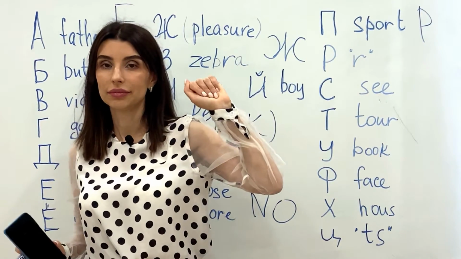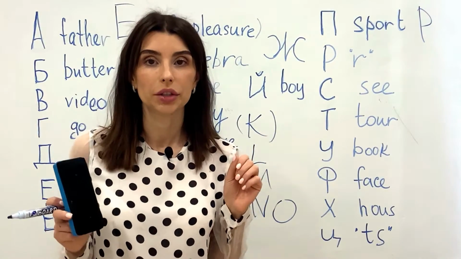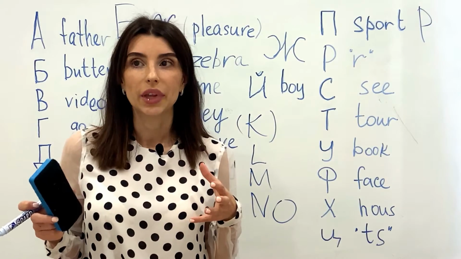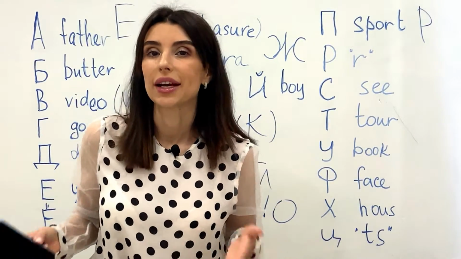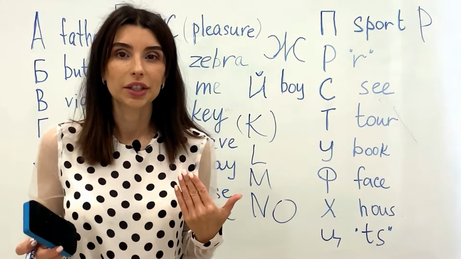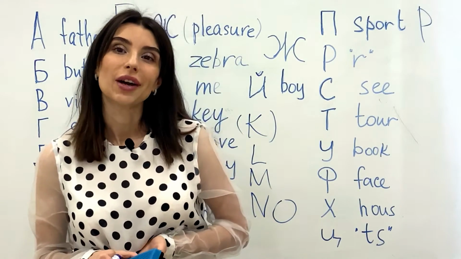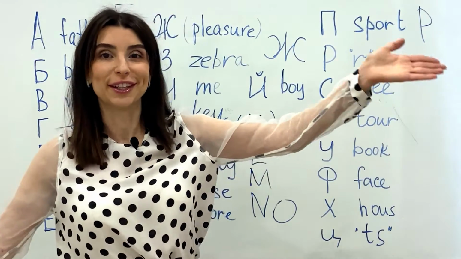Next one, R. Like your R, but we are stronger. Like some Spanish speakers can say this. For those who speak English, it's maybe difficult, but when I was young, for maybe 3 years, I couldn't pronounce this letter.